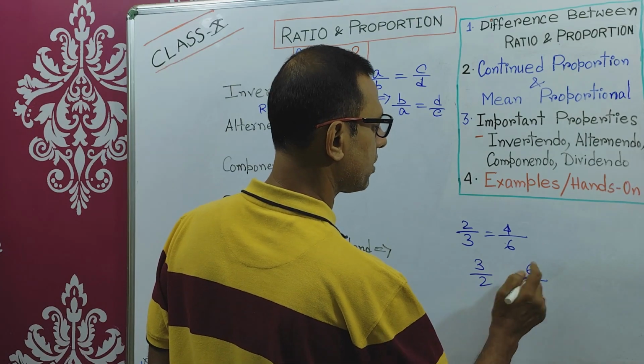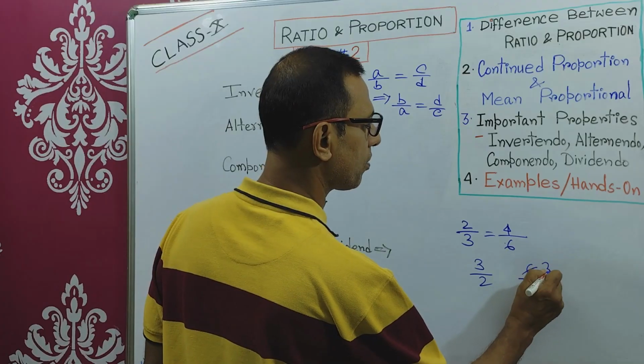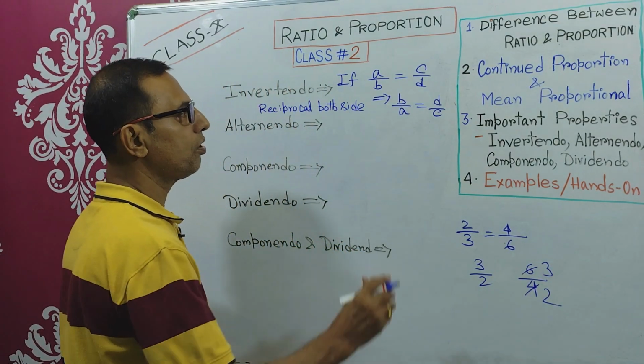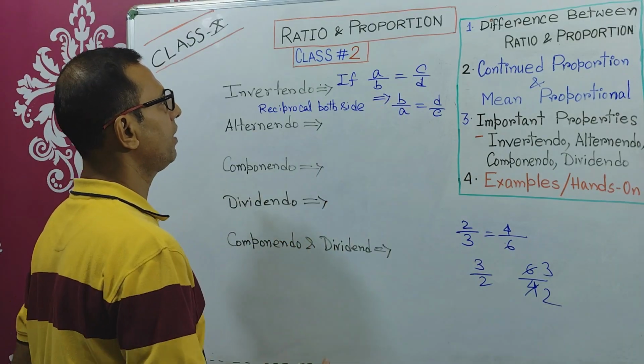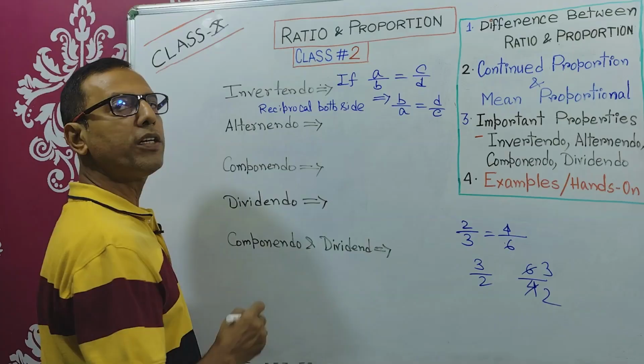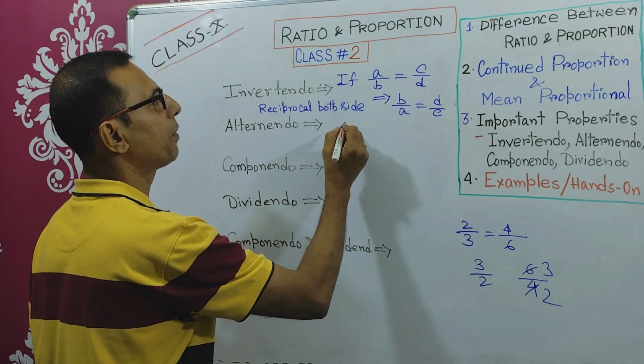If you reciprocate both sides, then also it is equal. So B by A equals D by C. Alternando, what is this? Alternando is just you cross multiply, right?